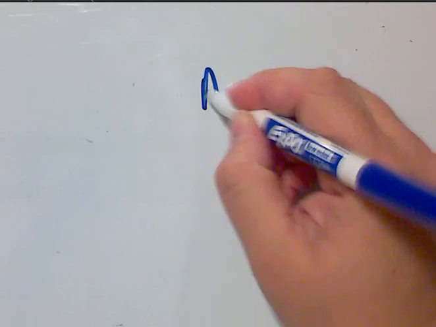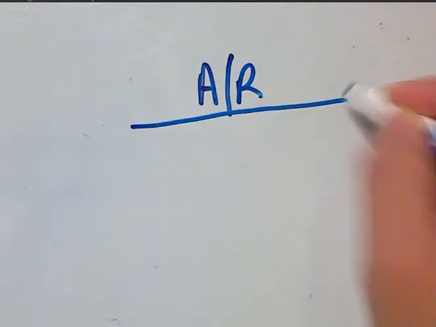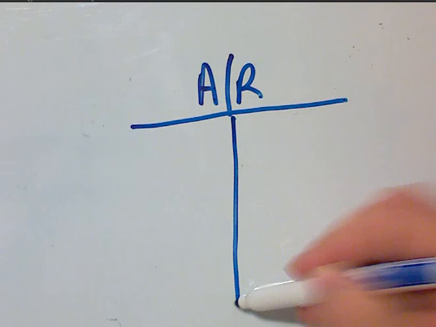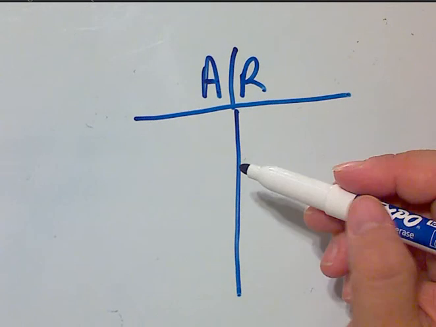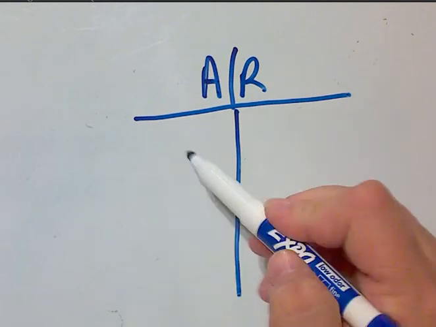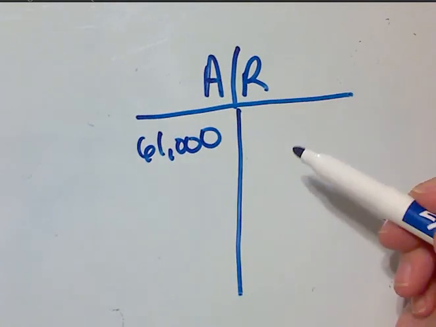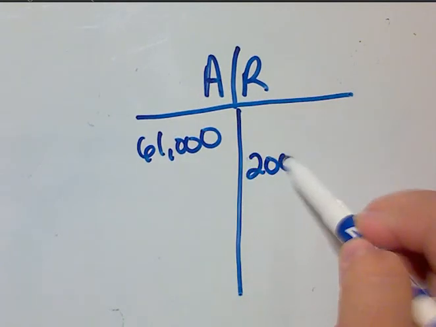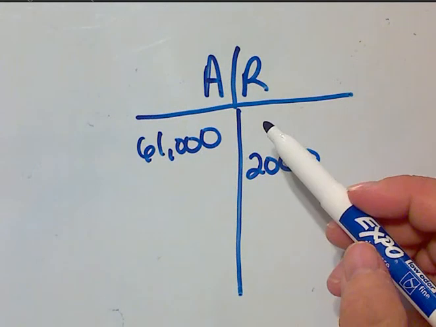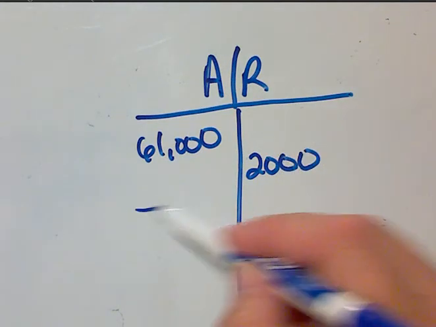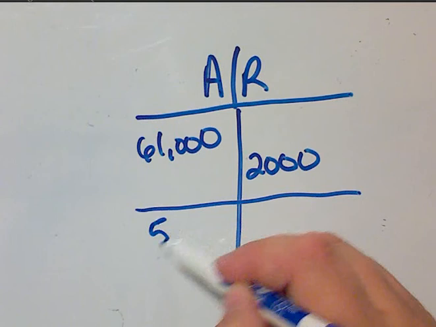For accounts receivable, we initially debited the account for $61,000. That was the original sale. Customer returned $2,000. So we're going to have a balance in accounts receivable of $59,000.